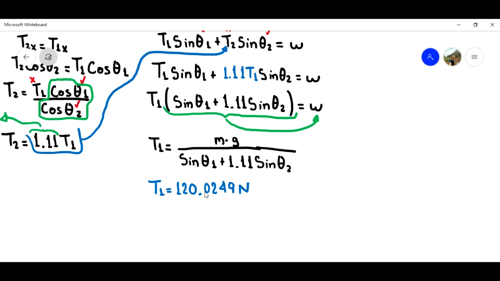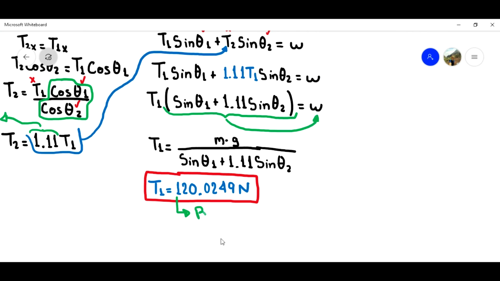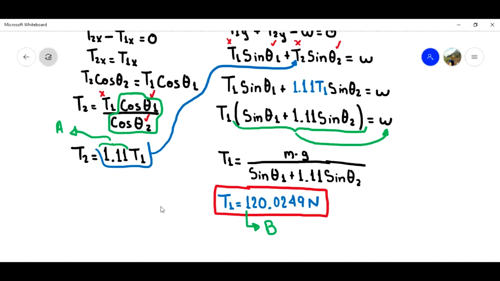So that is the answer of the tension 1. I'm going to circle it in red, and I need to save this value in another memory. In this case, I'm going to save it in my memory B of my calculator. Okay, so it's already saved. I'm going to write over here that it is already in my memory B.